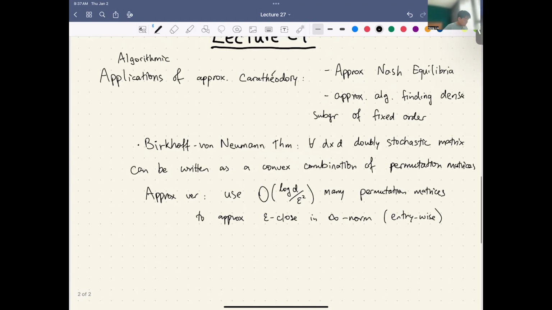If you're interested, you can refer to the original paper of Barman.